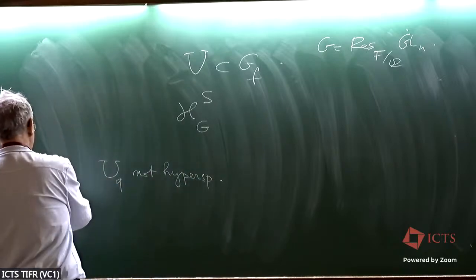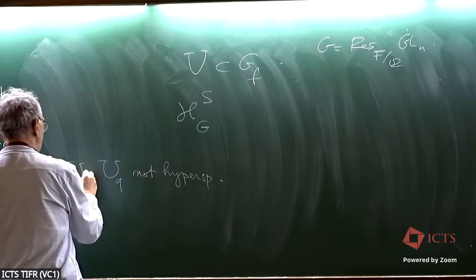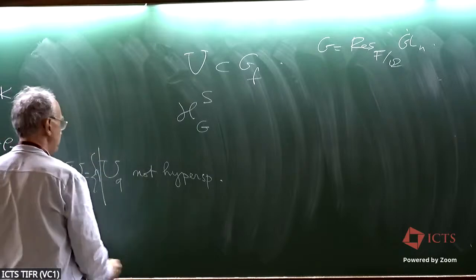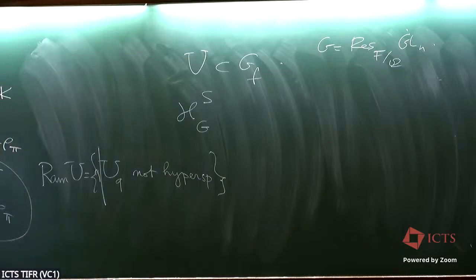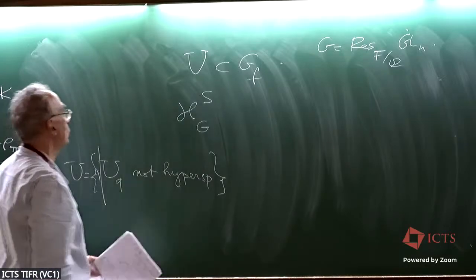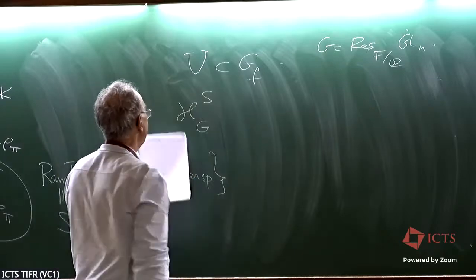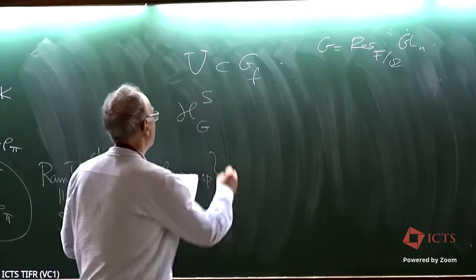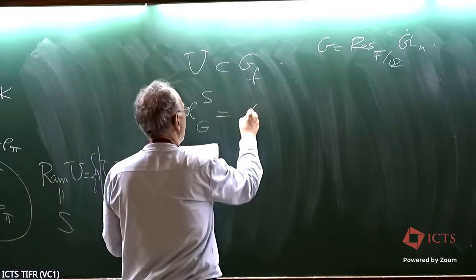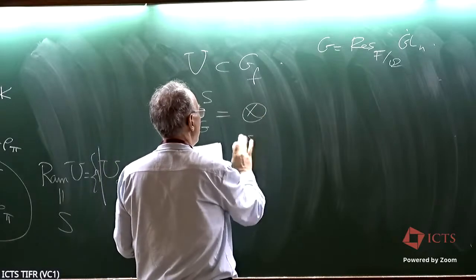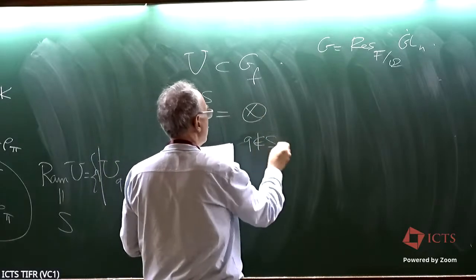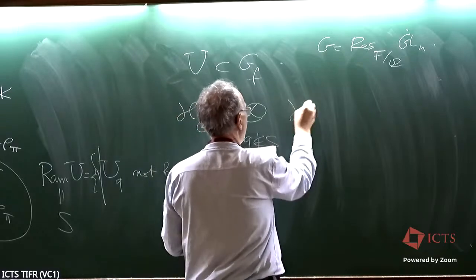Ram U is the set of primes q such that U_q is not hyperspecial. So it's a finite set, which I denote by S. So I consider the Hecke algebra outside S. That will be the tensor product for all primes q not in S of the spherical Hecke algebras H_q.